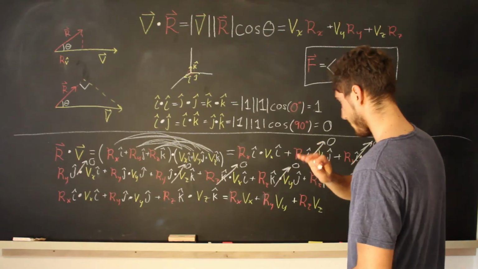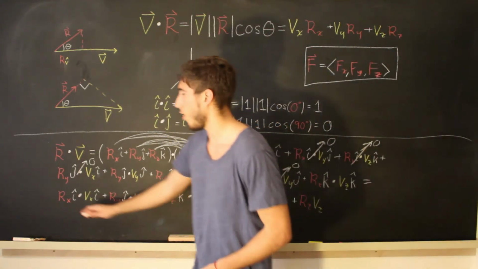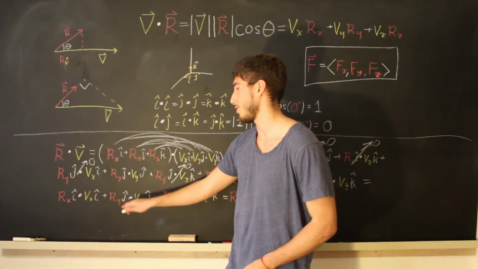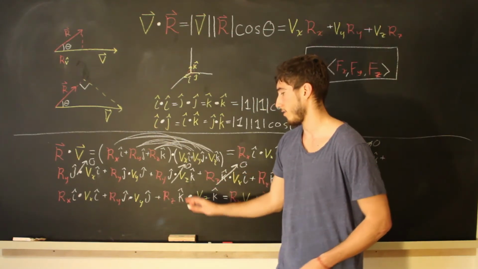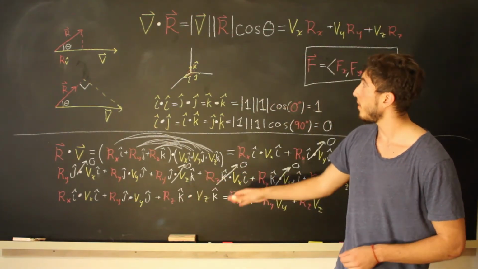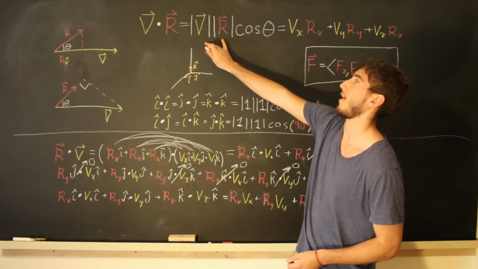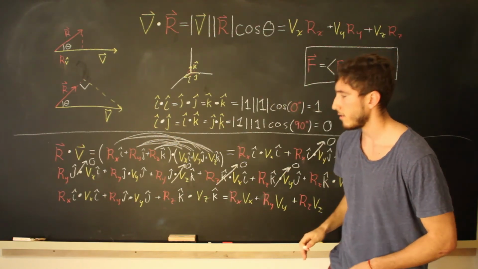Looks like it. So the new total is going to be r of x I hat dot v of x I hat, plus r of y j hat dot v of y j hat, plus r of z k hat dot v of z k hat. But we know that the dot product is also both the absolute values and cosine theta, where theta is the angle between them.